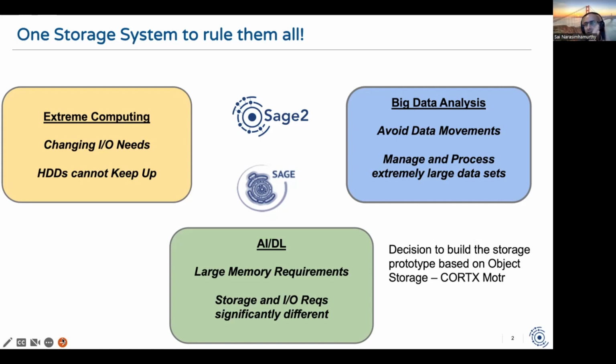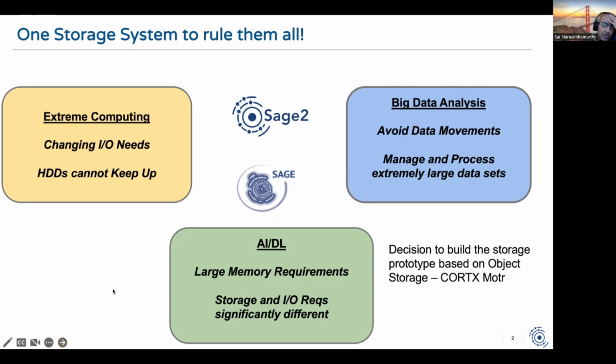So the idea is to have object storage drive this infrastructure. If you have object storage as a foundational layer, you will be able to accommodate all these different kinds of elements using the same infrastructure. That was also the goal for starting to design CORTX Motr for HPC.